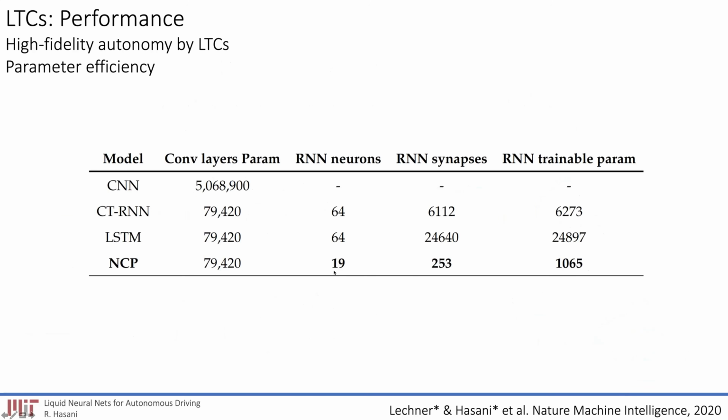We see that in terms of parameters of RNNs, you can actually have 253 synapses and 19 neurons in the RNN compartment that performs the lane keeping task very well.